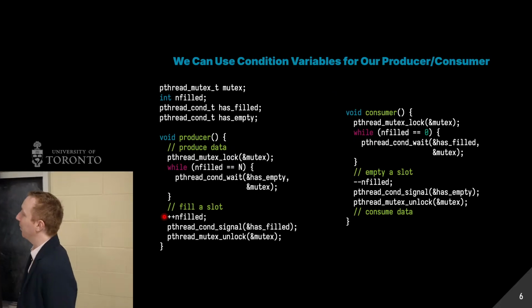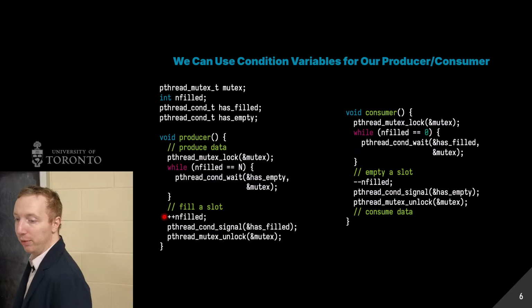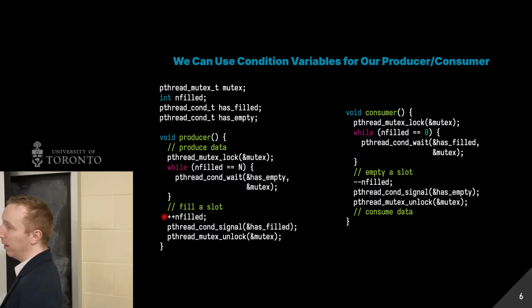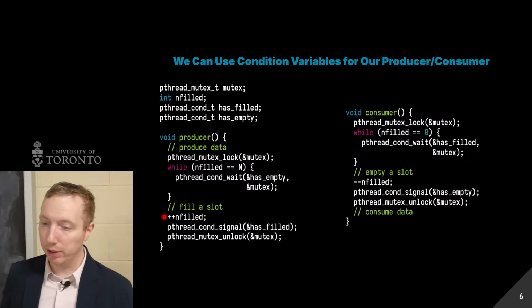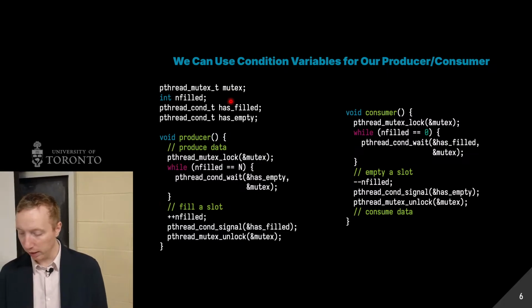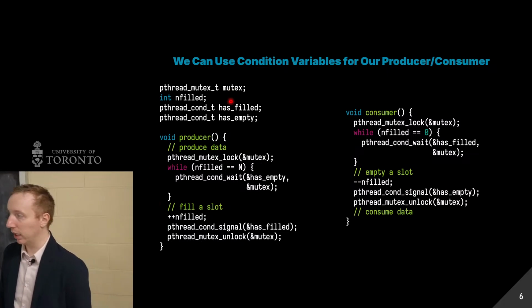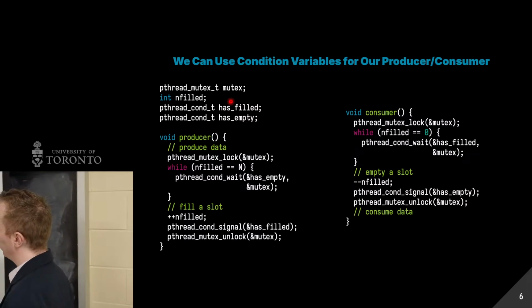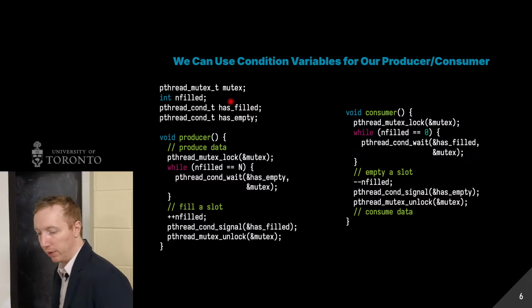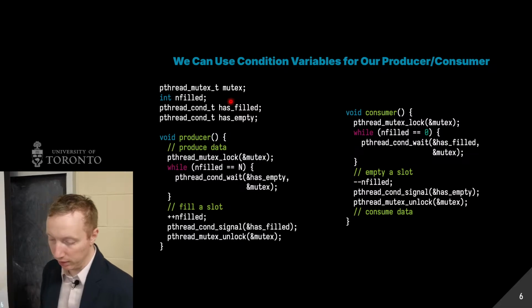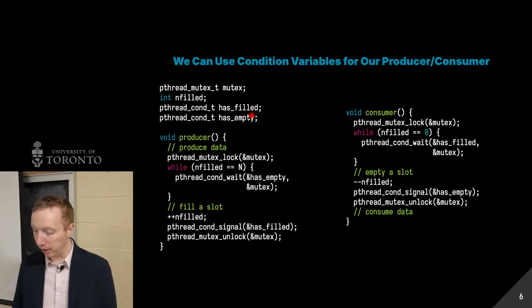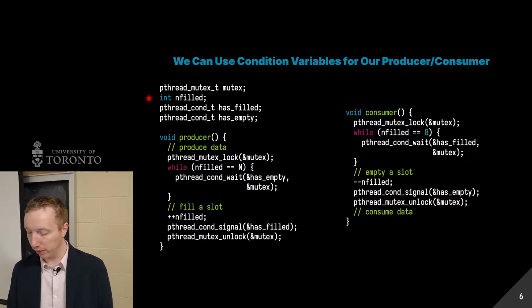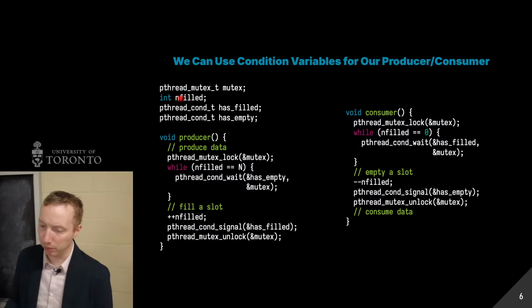So if we were to change our producer-consumer example to use a mutex and condition variables instead of a semaphore, we could create two queues. Like before, we had two semaphores: one counting the number of filled slots, one counting the number of empty slots. So we could do the same thing with condition variables, but our condition is going to be shared between both of them.